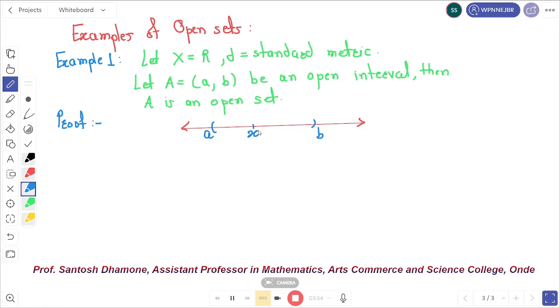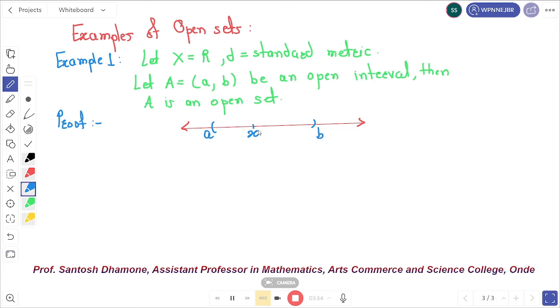Since d is the standard metric, let small r be equal to the minimum of the set modulus of a minus x and modulus of x minus b.